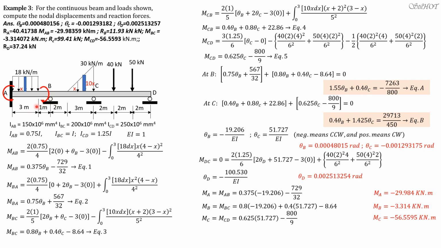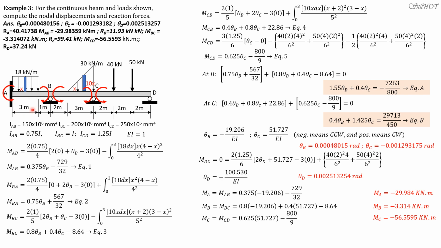So that's the direction. But moment BC is again counterclockwise, which is 3.314. Then here clockwise, 56.5595, then 56.5595.